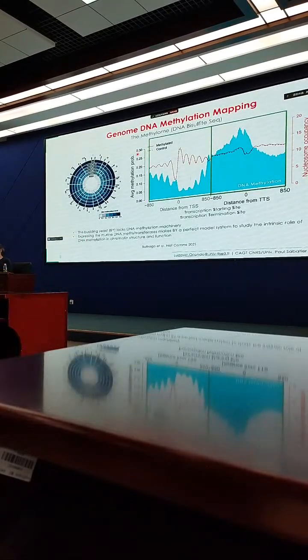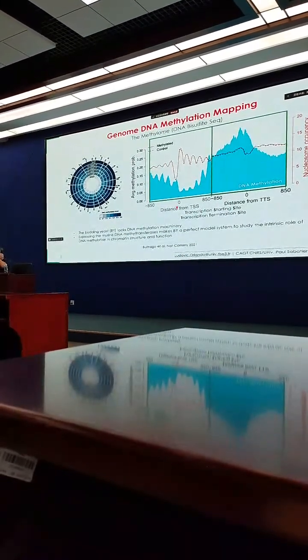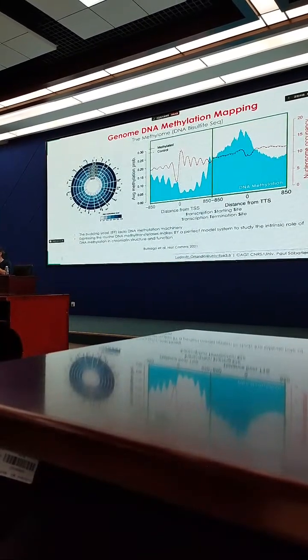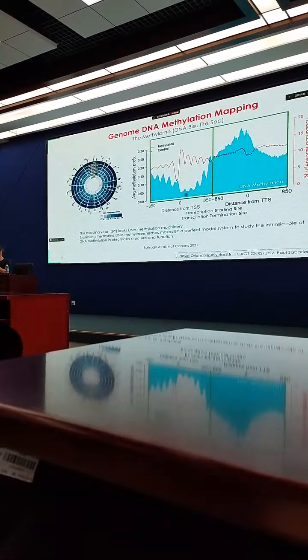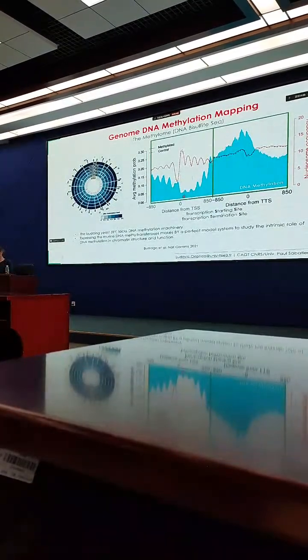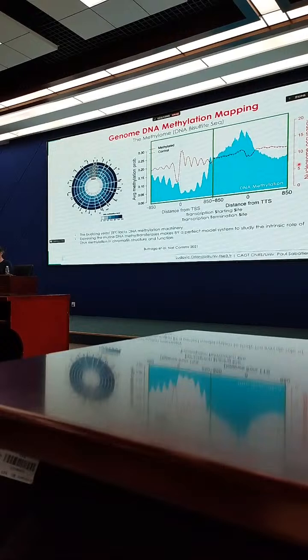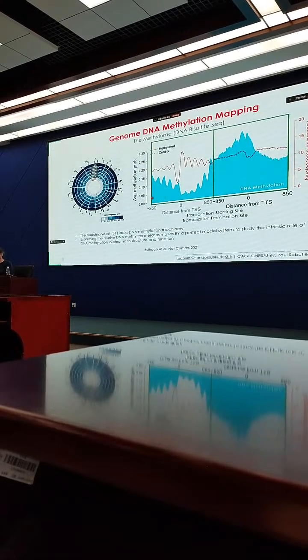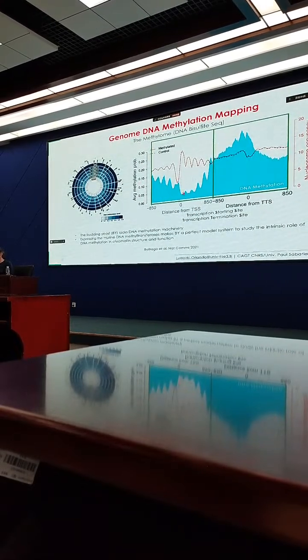For example, I don't want to be too long here, but if you look at the transcription start site, this is where a gene will start being transcribed, basically. You see here, I just focus on the blue part, the rest is not important for now. You just count as blue the average methylation level.